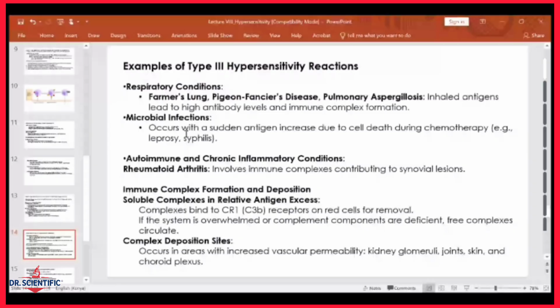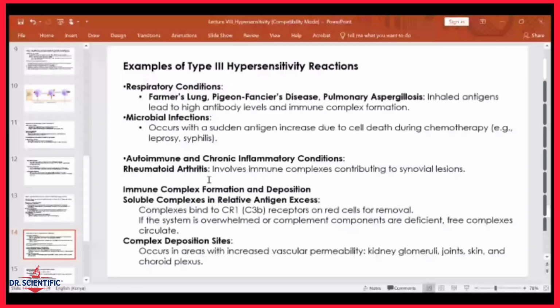And these reactions are also common in some diseases such as leprosy, and diseases like syphilis. Conditions like autoimmune diseases, like rheumatoid arthritis, you find these reactions occur also.